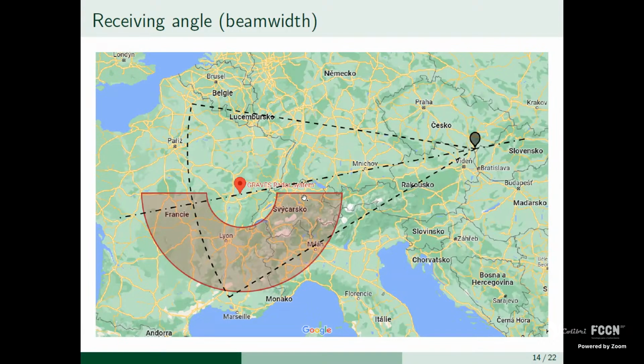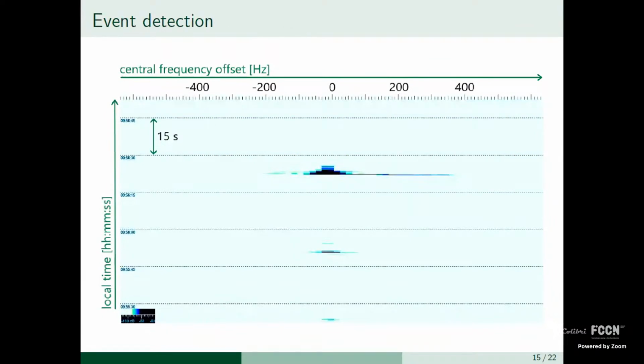So the mutual part of these graphs is the area where we are going to obtain the signal, if there are some lucky events. You can see that I'm here, and the direction of the antenna is towards the Graves transmitter.